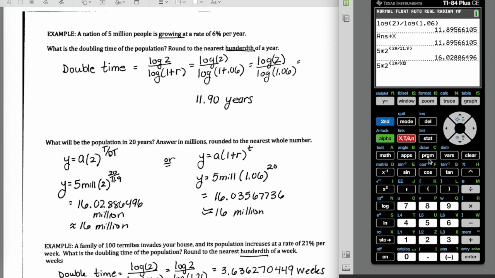So I'm going to put 20 divided by x because all of those digits I saved in that x. Now look, I have 16.03567736, which is exactly what we got right here. So this is off because we rounded that 11.9. So keep that in mind. If you're using the double time or the half time and you've rounded that, your answer is going to come out a little bit different.